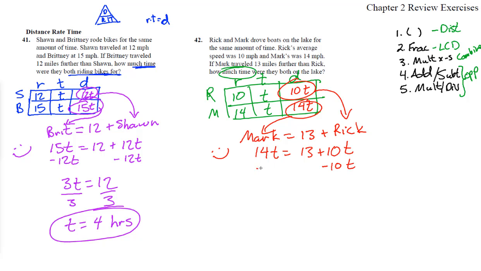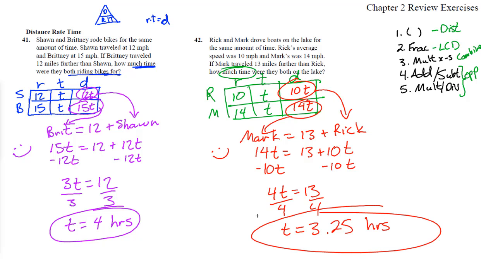Get the t's together. So we now have 4t equals 13. Step 4, there is no addition or subtraction by the t. Multiplication, division, divide by 4, and we get t equals 3.25 hours. Shazam!